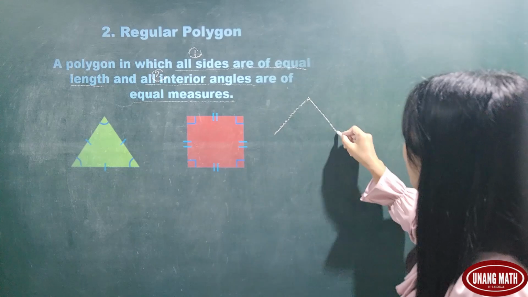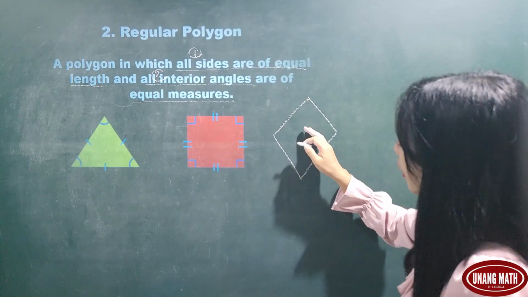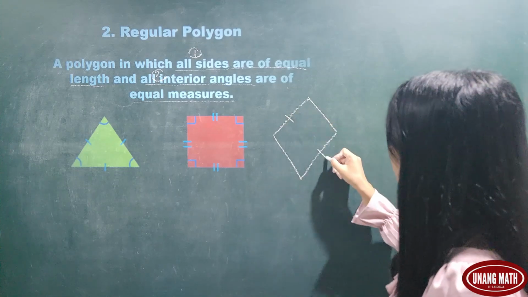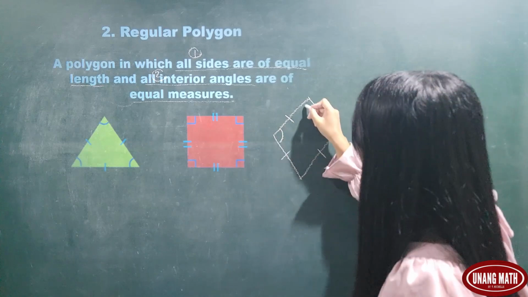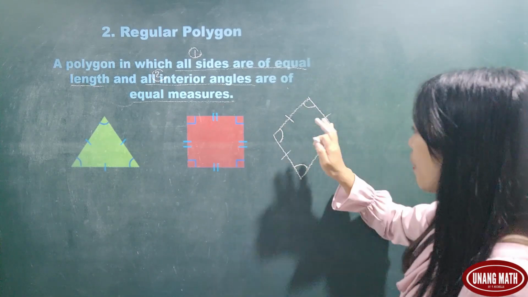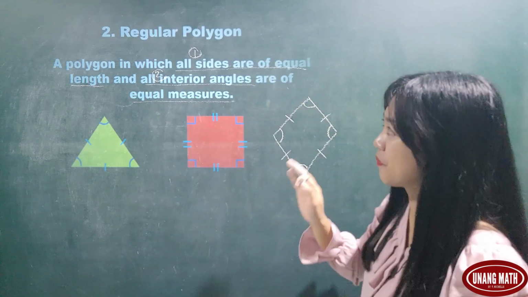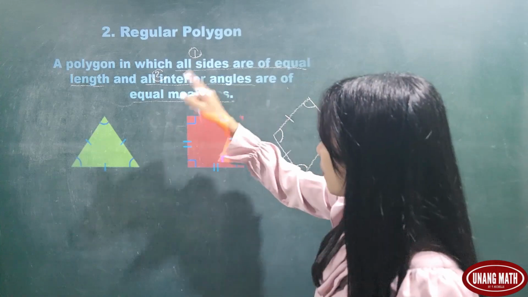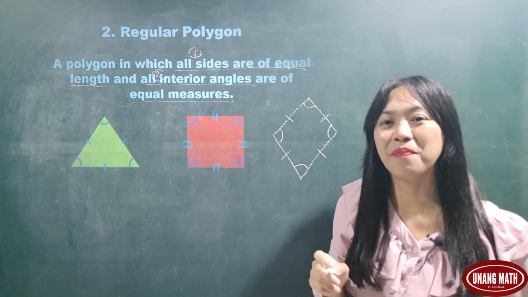Okay, let's give an example. I have here a rhombus. We all know that in a rhombus, all sides are equal, but angles are of different measures. So a rhombus is not considered a regular polygon because, take note, all sides must be of equal length and all interior angles must be of equal measures.